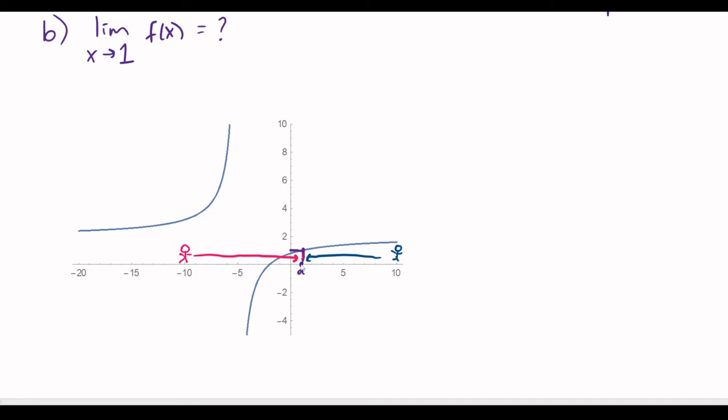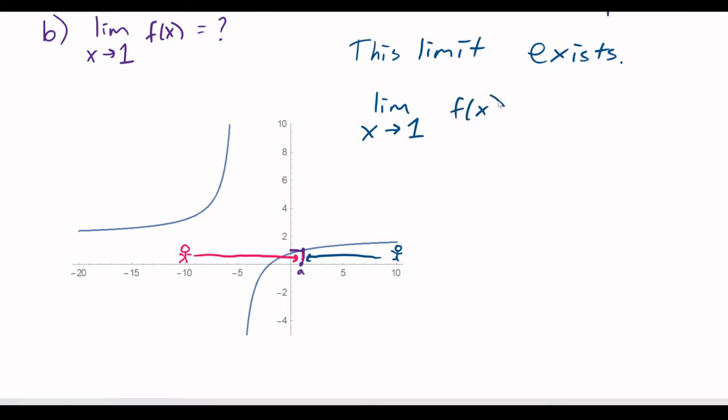And if we just kind of eyeball it, I know it's a little tough, let me write that out: this limit exists. And more specifically, it looks like the limit as x approaches 1 of my function is 1. That's halfway, it looks like about, is 1.